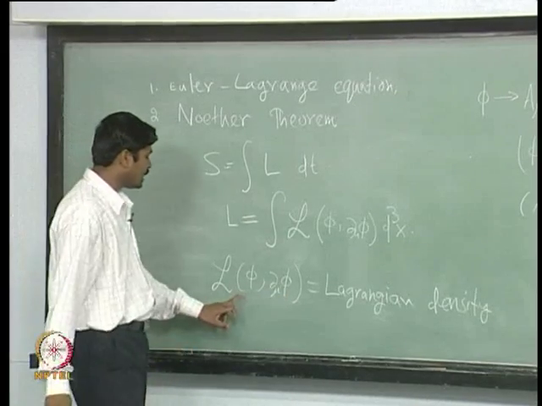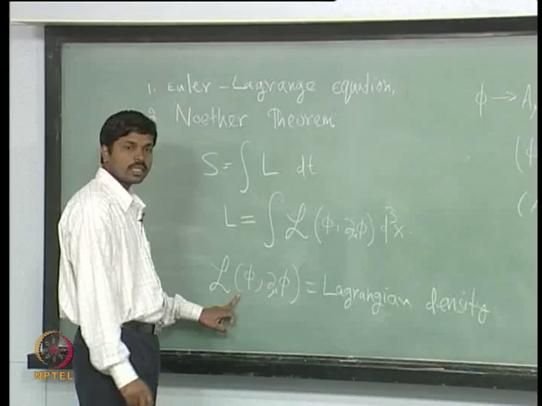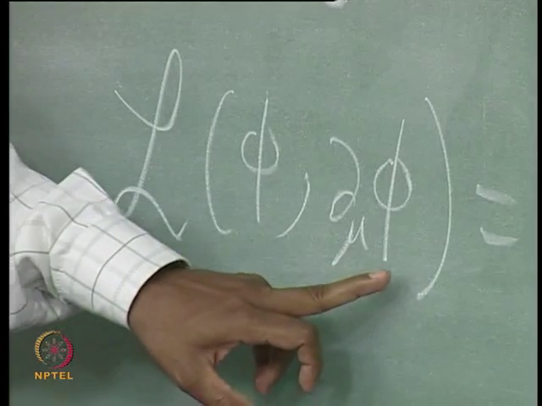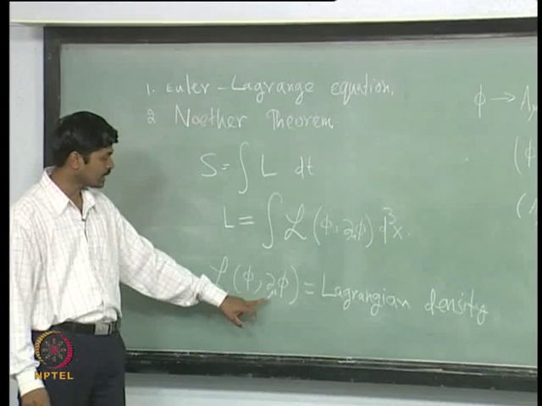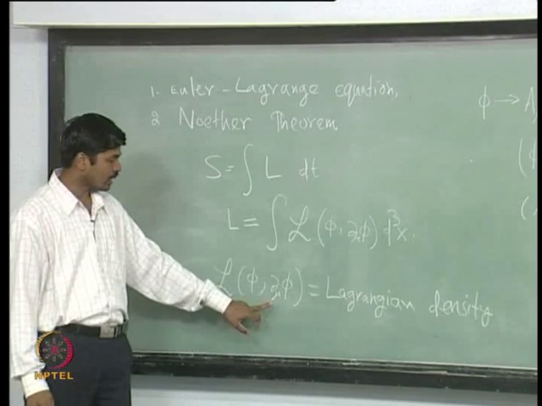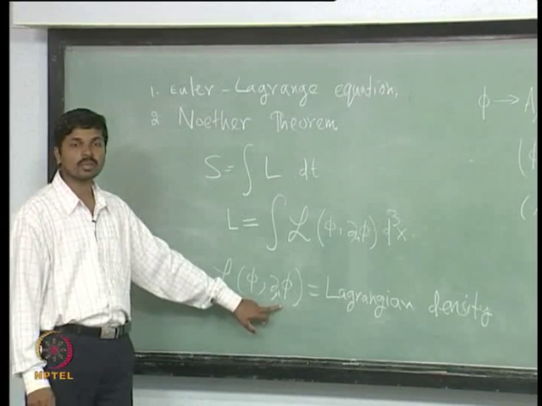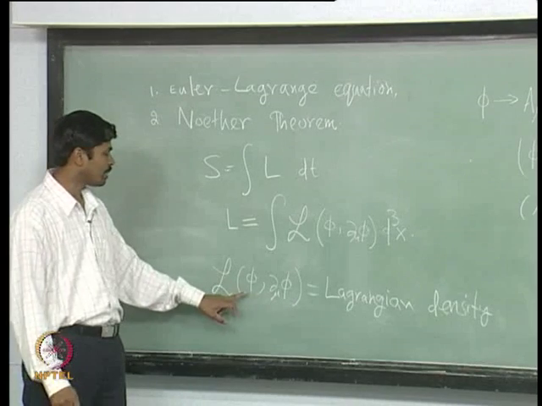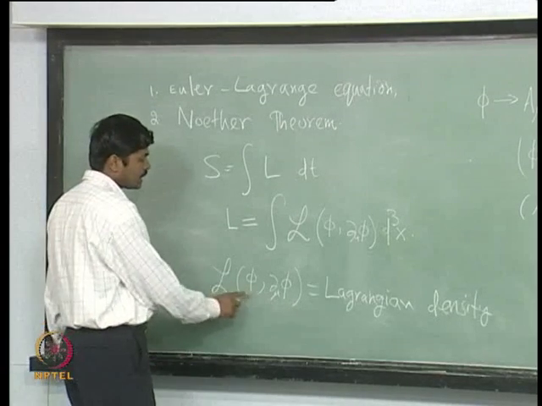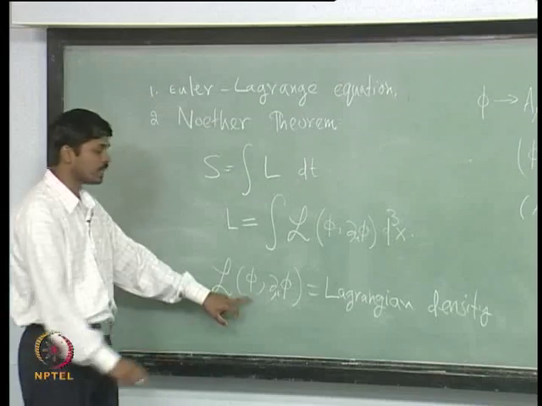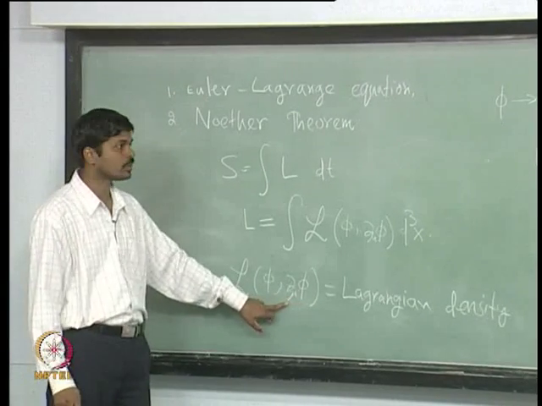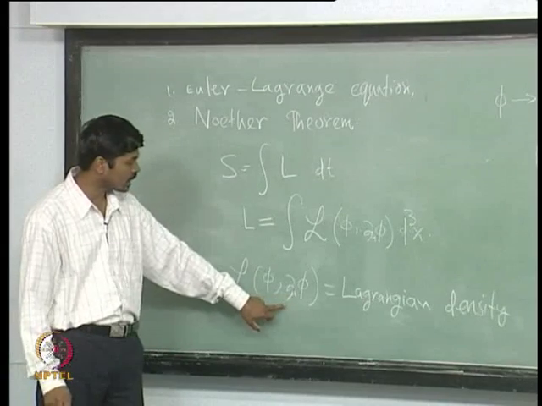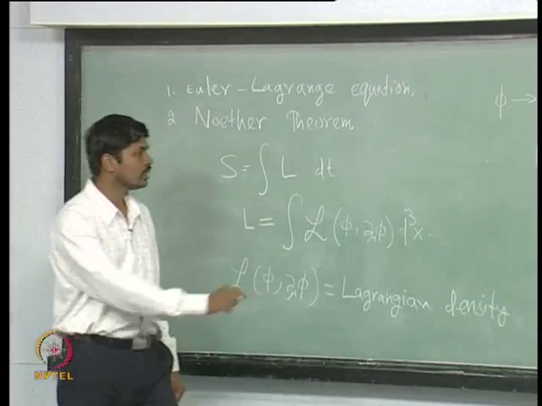In general, the Lagrangian density can contain a finite number of derivatives. However, most of the systems that we study in physics involve only one derivative of the field here. So, I will consider the Lagrangian density to be a functional of the field phi and all its first derivatives del mu phi. Here I should explain what this notation means.